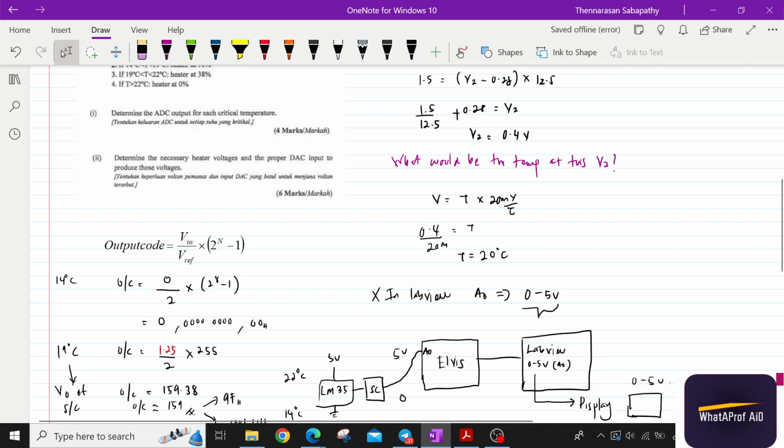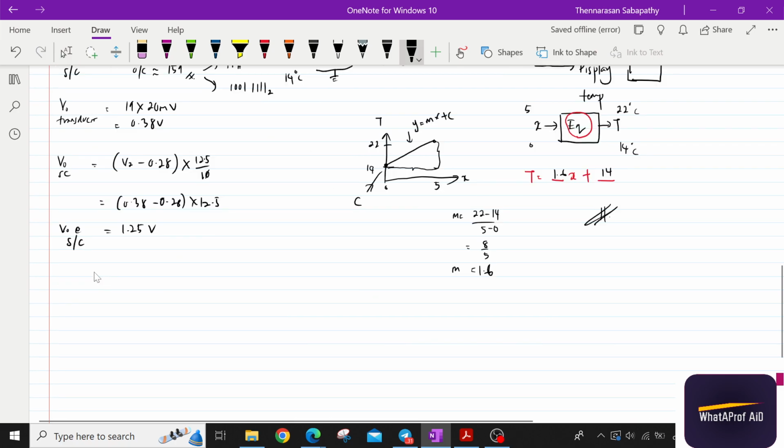You see, 19 actually has so much work to be done. And for one more critical temperature, 22 degrees Celsius, what is the output code? FF. So you no need to calculate actually.